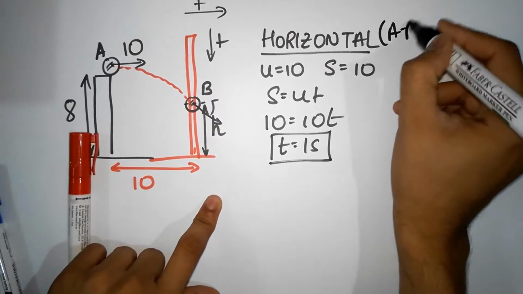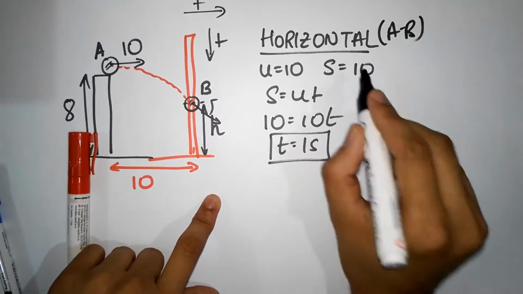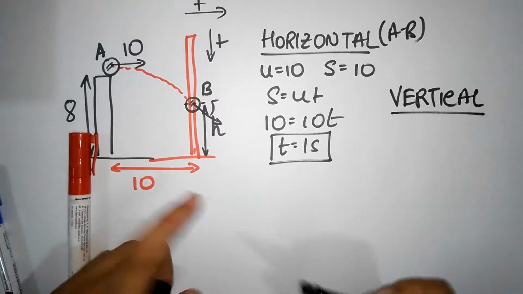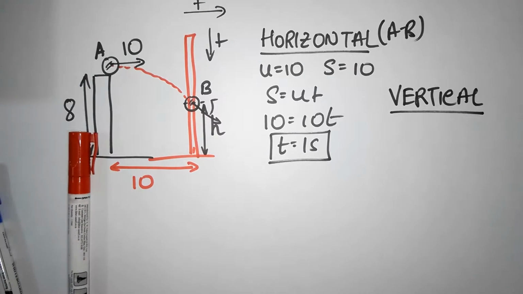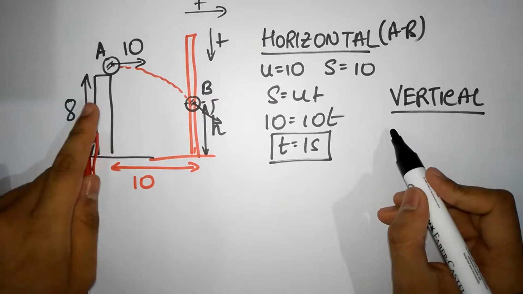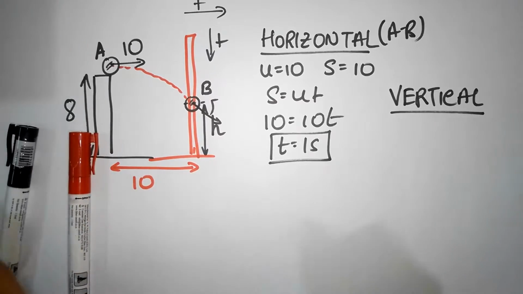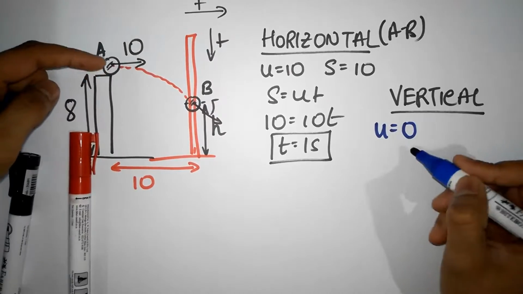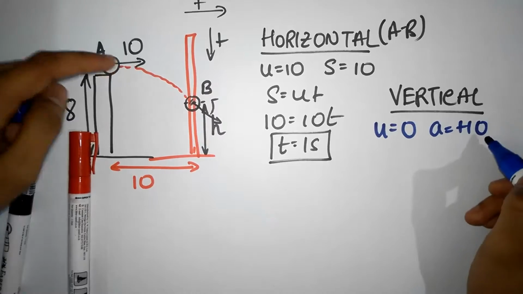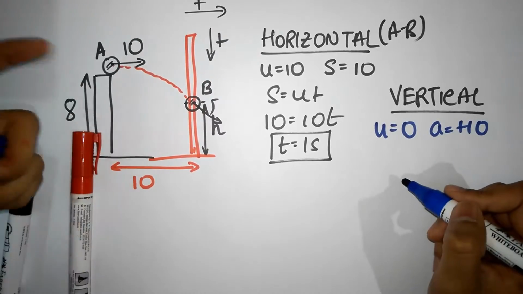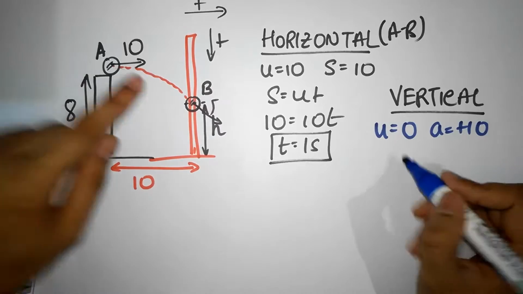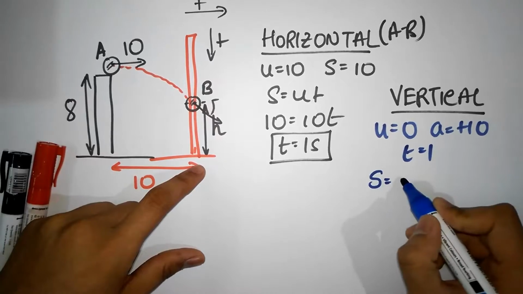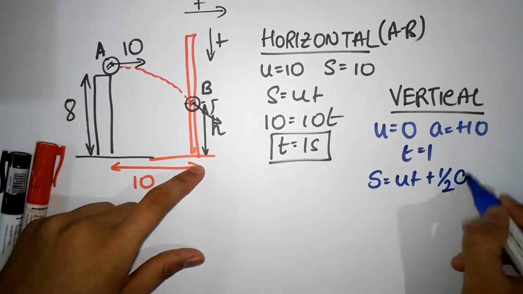Well, we can now do the physics in the vertical. Let me use some other color, let's use blue. In the vertical, we know initial velocity is 0. There is no initial velocity here. We know the acceleration is plus 10 because I chose downwards as positive. And we know the time taken, that's 1. So we can go for S equal to ut plus half at squared.